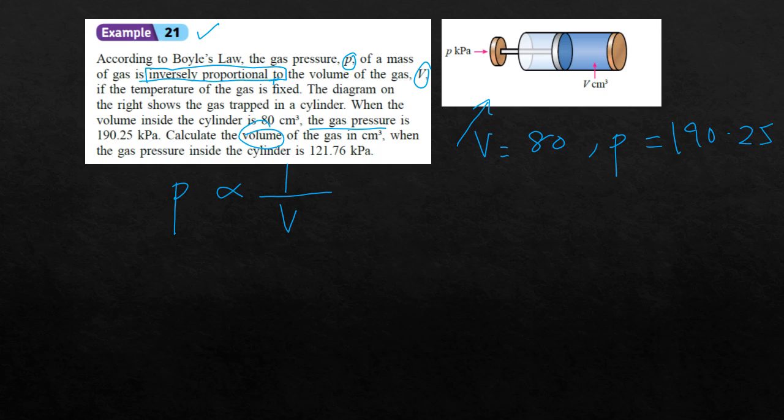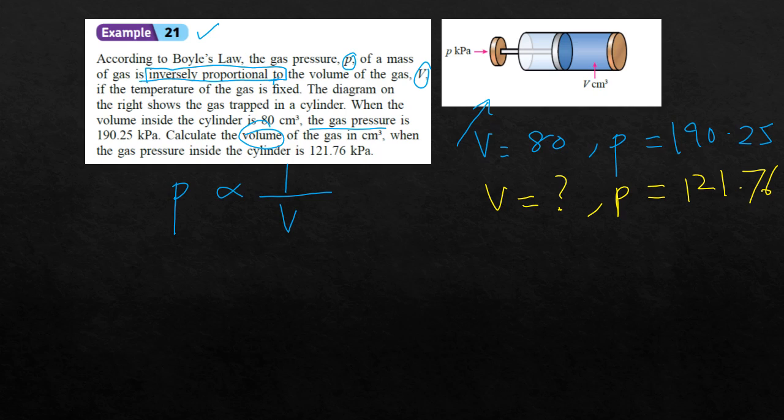Calculate the volume when the gas pressure inside the cylinder is 121.76. Okay.